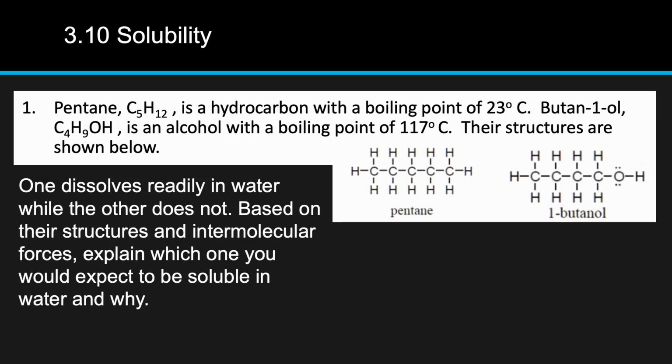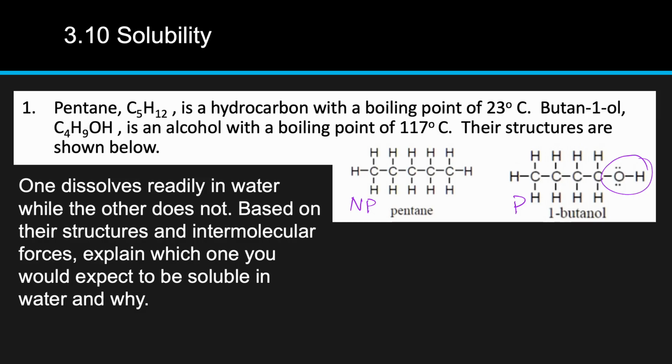All right, and then for our last slide of this lesson, it says one dissolves readily in water while the other does not. Based on their structures and intermolecular forces, explain which one you would expect to be soluble in water and why. So we already addressed that pentane is a nonpolar molecule and butanol is a polar molecule with hydrogen bonding.